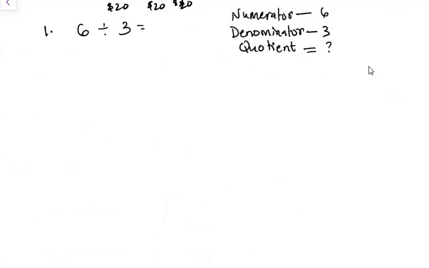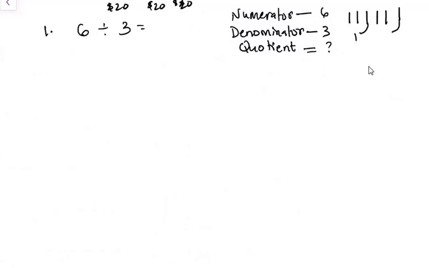So how do we figure this out? Let's just go by the simple approach. 1, 2, 3, 4, 5, 6. We'll lay it out that way. So after writing out the numerator, we ask ourselves, how many times will 3 go in 6? So we can say 1, 2, 3. 1, 2, 3.